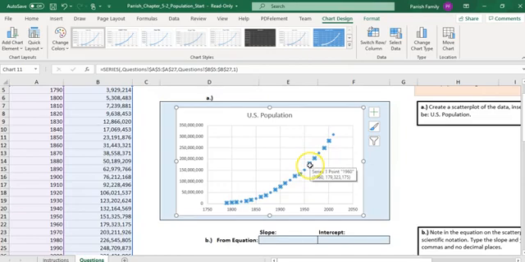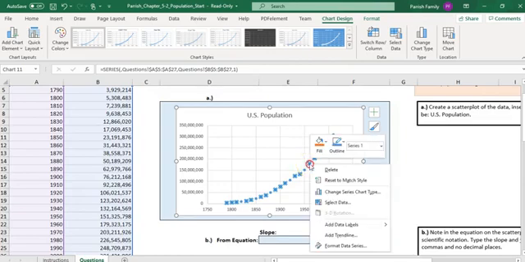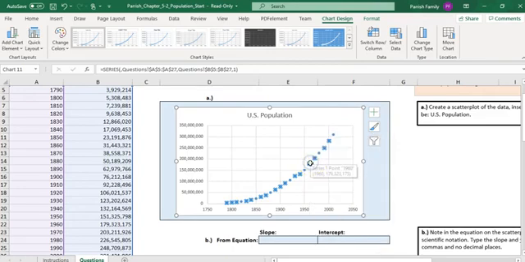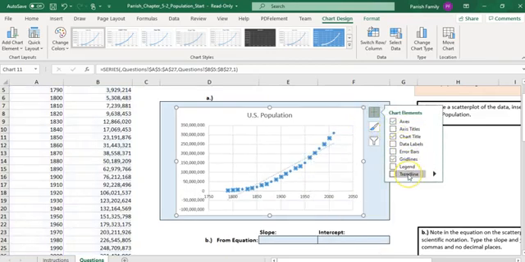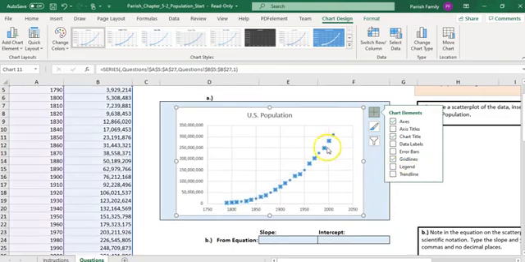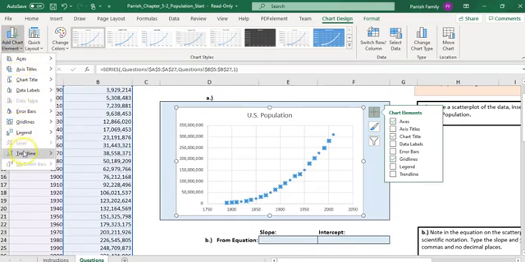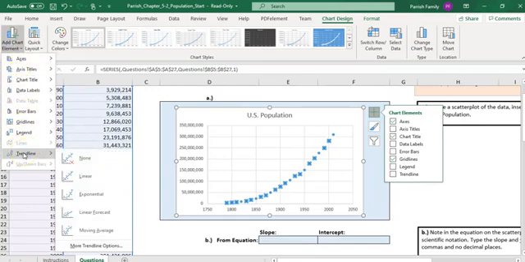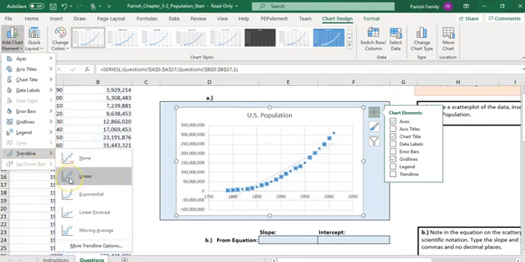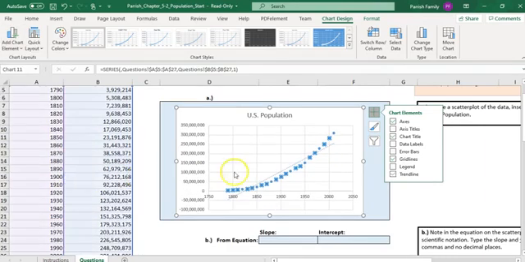So one way to do this is to right click now and add a trend line, or you can come up here to the plus sign and select trend line. Some of you will need to go to the add chart element, and you can choose a trend line there. It depends on how your system's set up, but you want to pick a trend line, and we want to do a linear trend line.